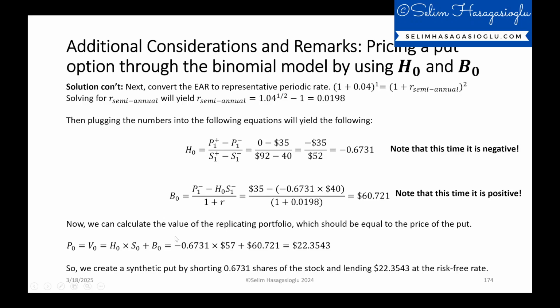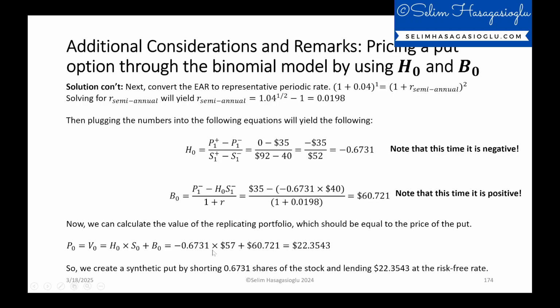Now we can calculate the value of the replicating portfolio, which should be equal to the price of the put. So P0, price of the put, should be equal to the value of the replicating portfolio at time 0 or now, which should be equal to, remember, H0 multiplied by S0, the current stock price, plus B0. All of these values were already calculated. S0 was already given.